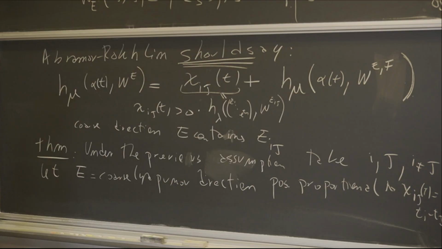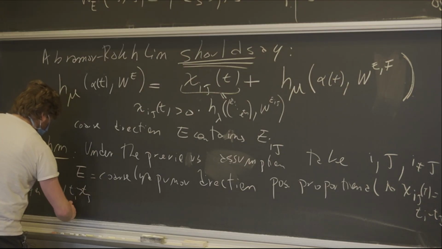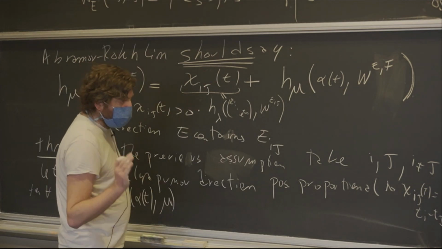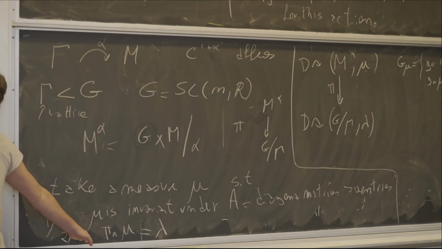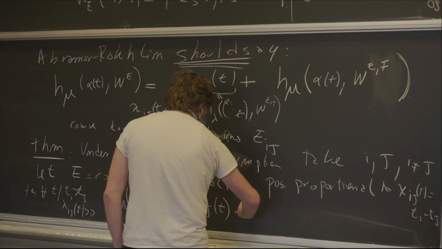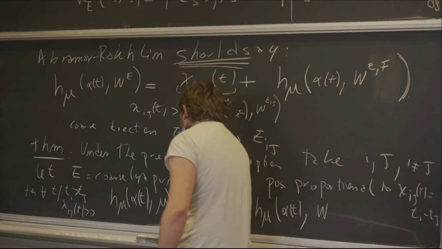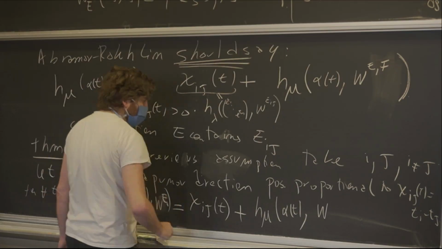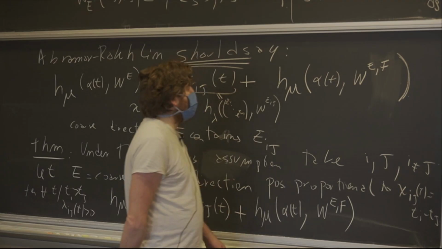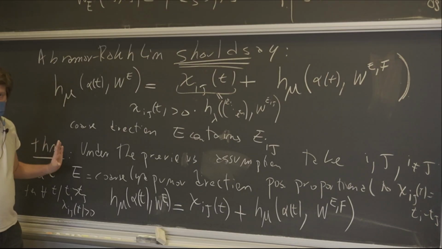So this very precise coarse Lyapunov direction, and then for every t such that ti is larger than tj, so chi ij of t positive, the entropy for alpha t of this measure mu, which, as I said, the main hypothesis is invariant on the diagonal, projected into this guy, is equal to chi ij of t plus the conditional entropy along this WE fiber. So this may not be always true, but under the assumptions I wrote, this is true.